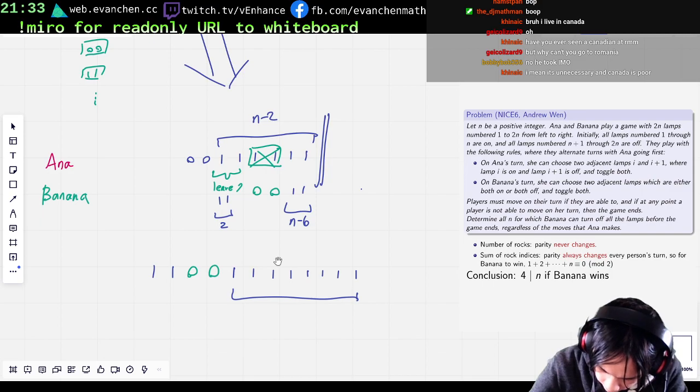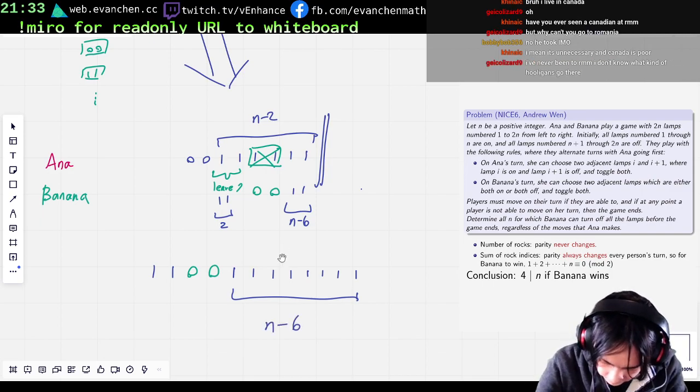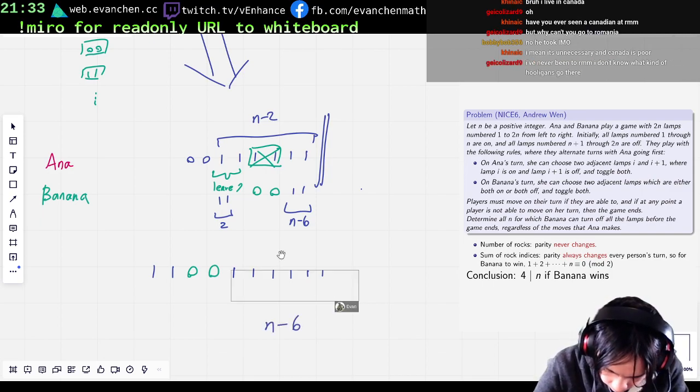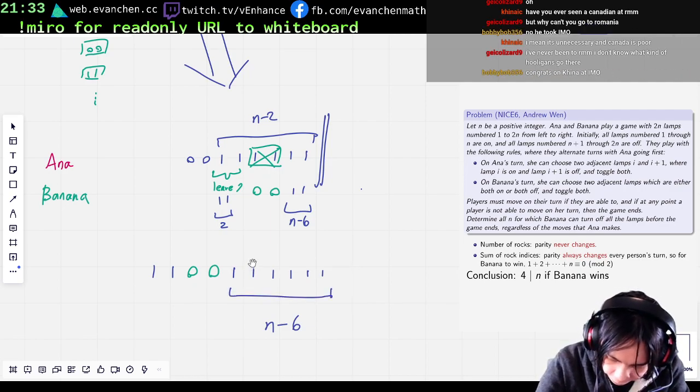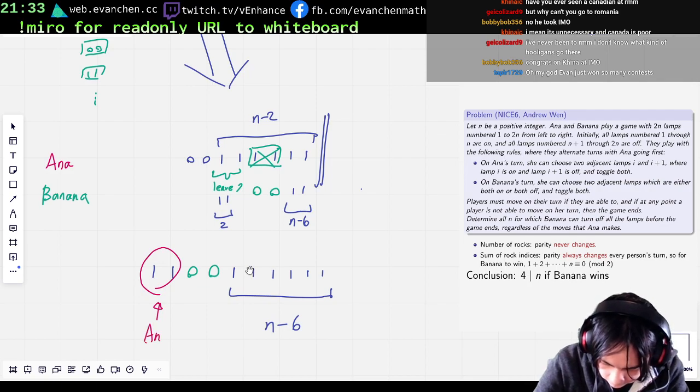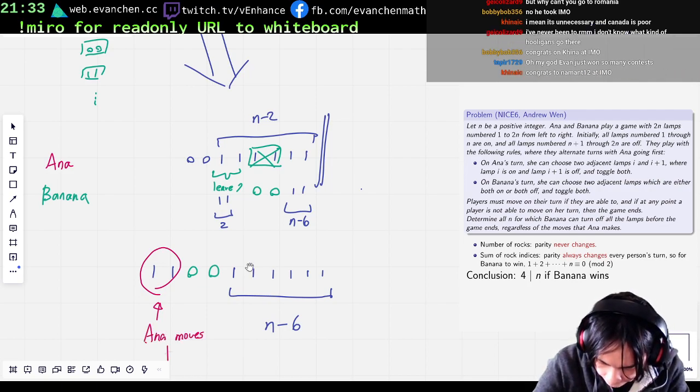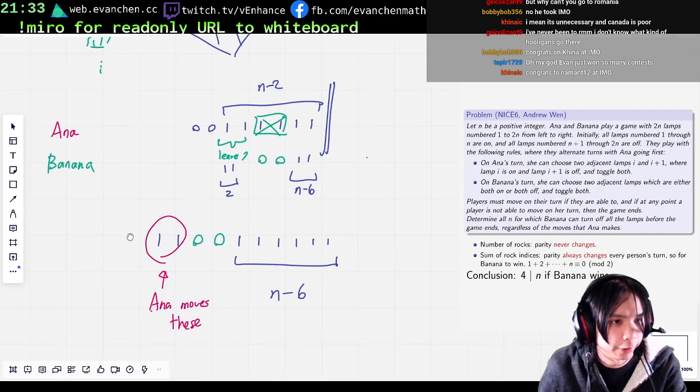Okay, so this is not a valid example. For n equals 12, I should have 6 things here. Okay, so now Anna, again, is sort of forced. Anna is now moving these. And it's going to take her a while for those ones to reach a point where they're stuck.